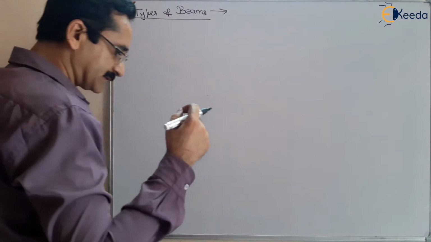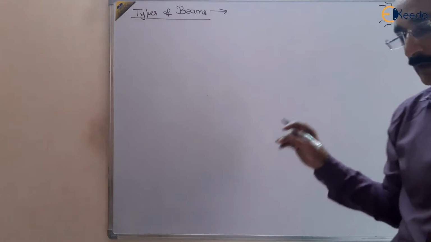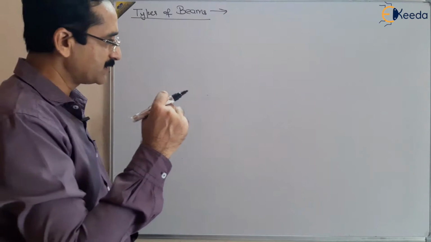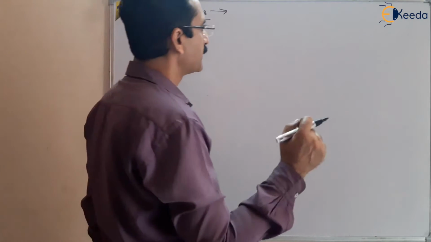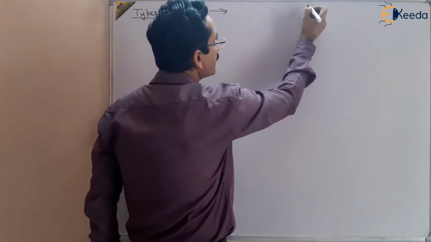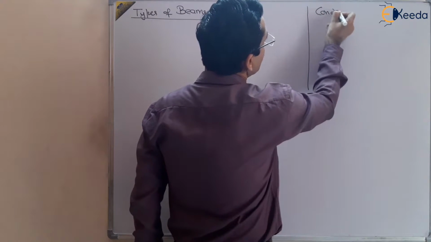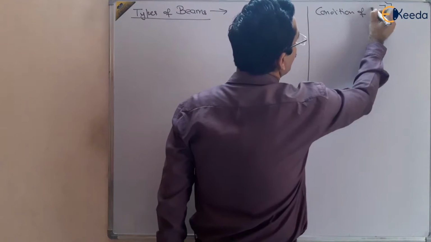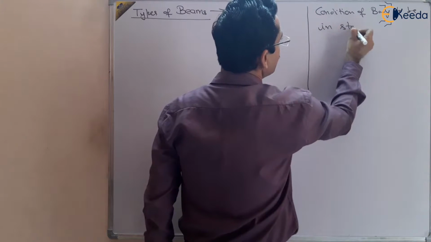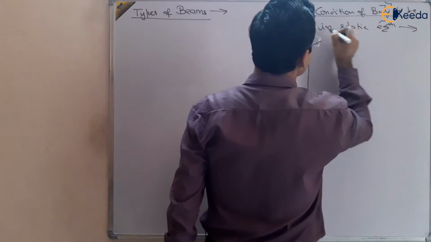First of all, if we are applying some forces on the beam, or if the body is in static equilibrium, what is the condition of static equilibrium, right? So first of all, here is the condition for a body to be in static equilibrium.